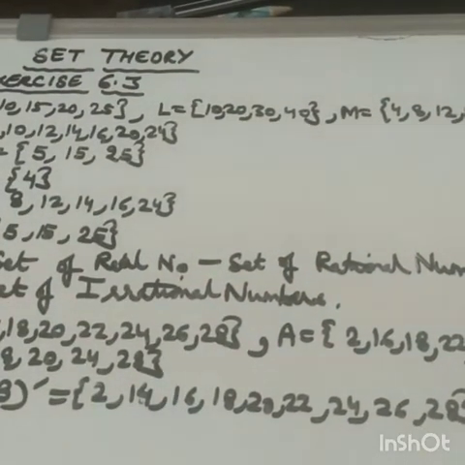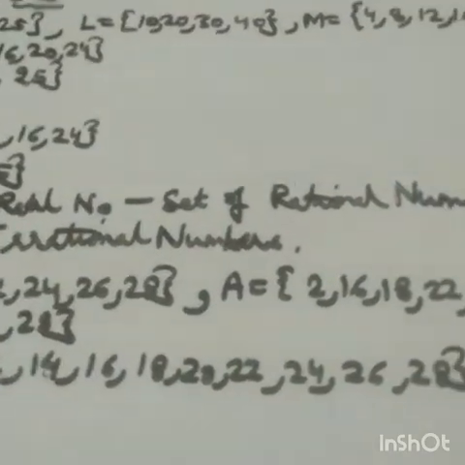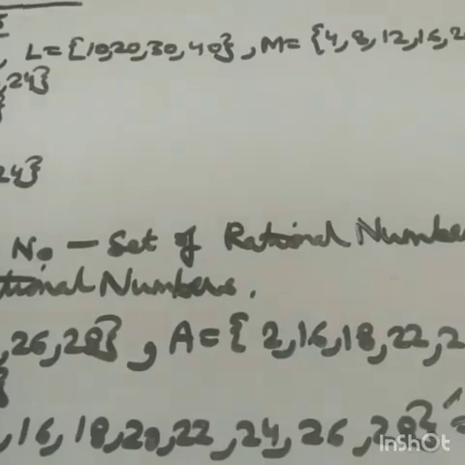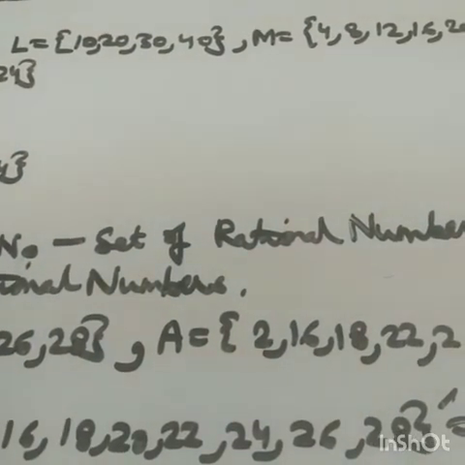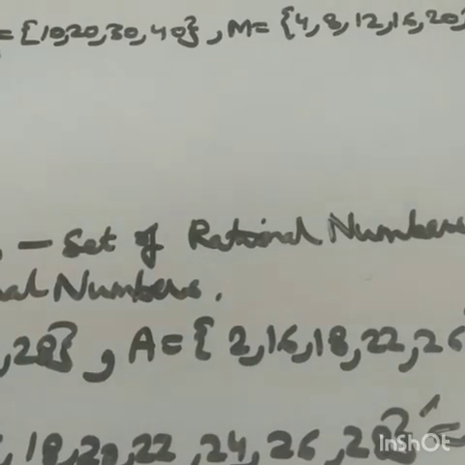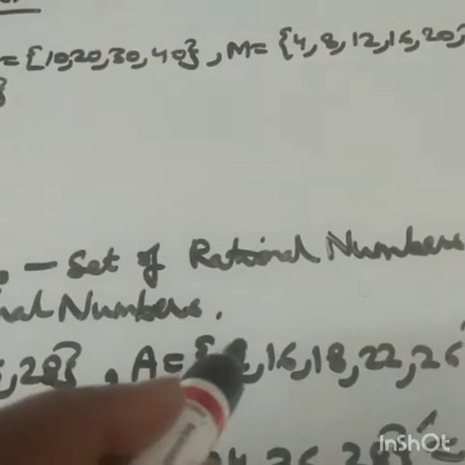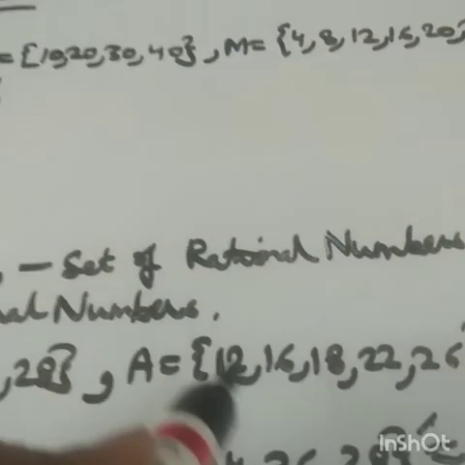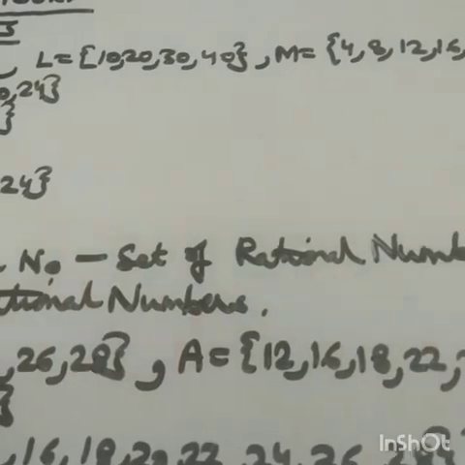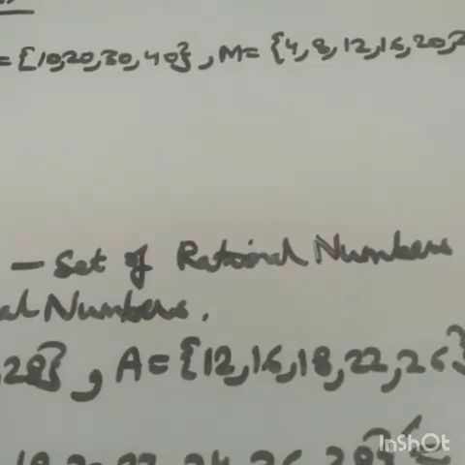I hope this much is very clear. Now complement of this, which number is left from U? Is there any number left in A union B? Wait a minute. A is 12 here, so it will be 12 here. 12, 14, 16, 18, 20, 22, 24, 26, 28.